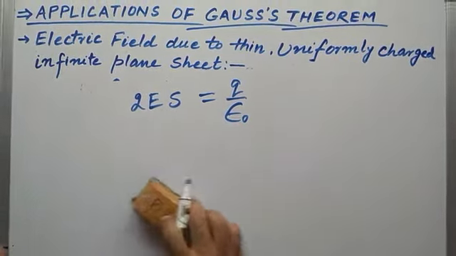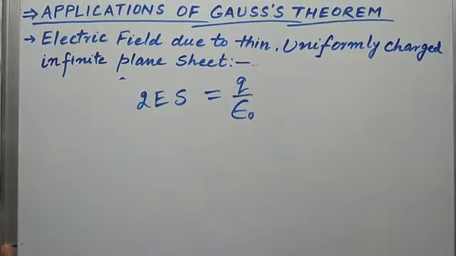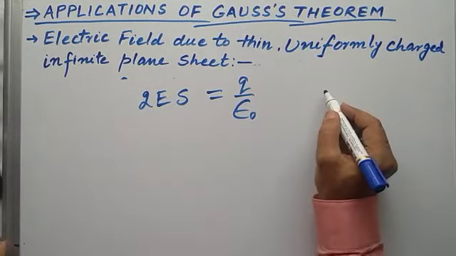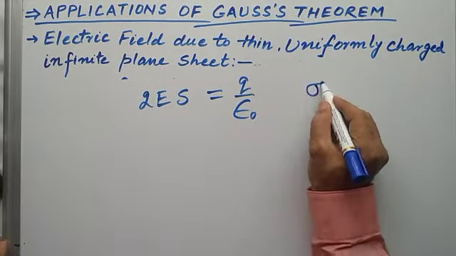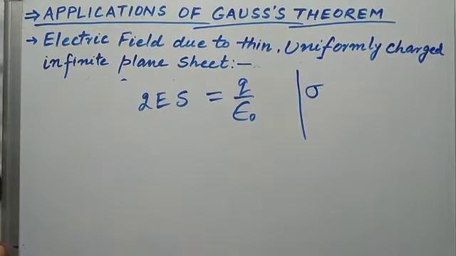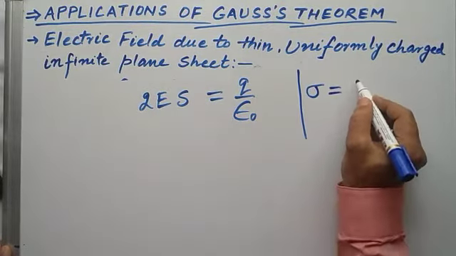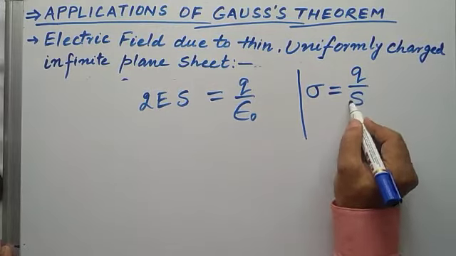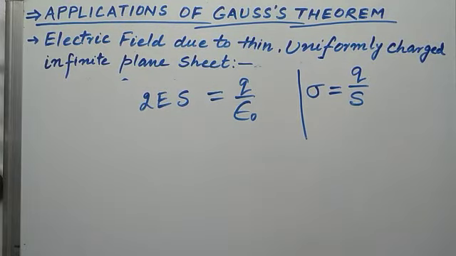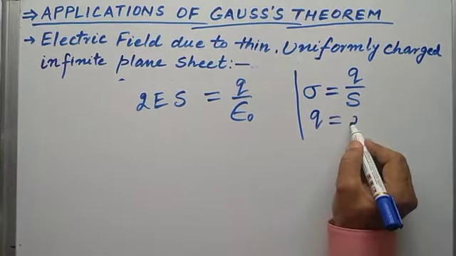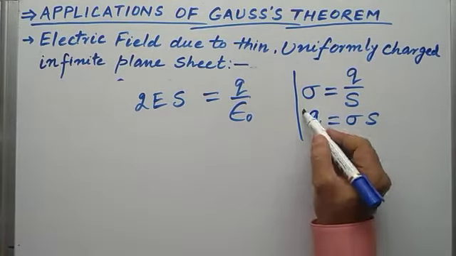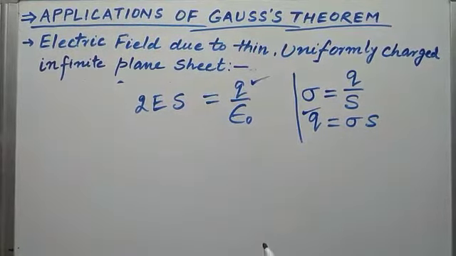Now what is q? Q is the net charge enclosed by the Gaussian surface. Let the surface charge density of the sheet be sigma. So sigma equal to q by S, surface charge density equal to charge per unit surface area. So the charge enclosed by the Gaussian surface, q equal to sigma into S. This is the charge enclosed by the cylindrical Gaussian surface we have considered.